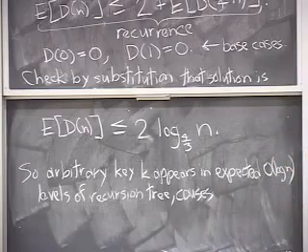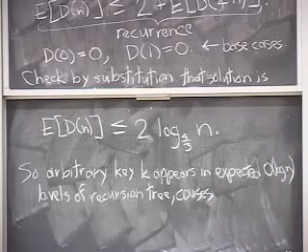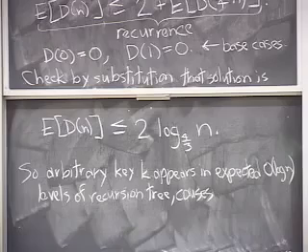And so if a key appears in log n levels of the recursion tree, then it causes log n partitioning work.